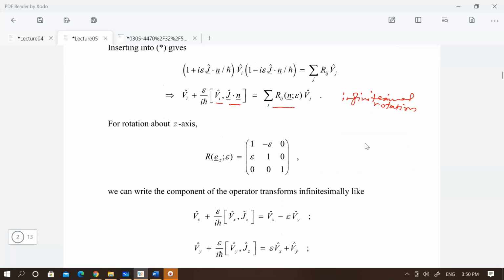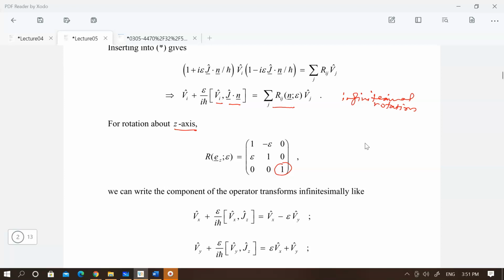Okay, so let's be more specific now. Let's consider the z-axis. So the z-axis, then your rotation matrix will look like this. Your z component will not change, but the other components, x and y, will change. Remember, this is supposed to be cos theta, minus sine theta, cos theta thing.